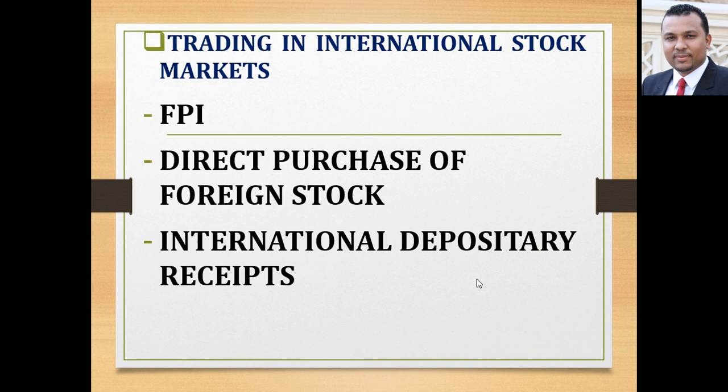The next point, what about trading in international stock markets? The first terminology, FPI. FPI is the abbreviation for foreign portfolio investment. The foreign stock is a stock issued by a foreign corporation. So, the issuer of the foreign stock is a corporation based in a country other than the home country.